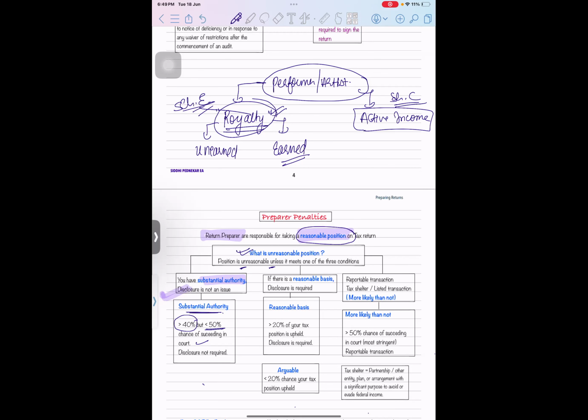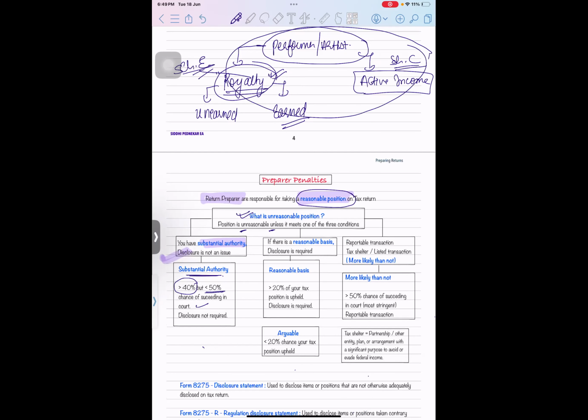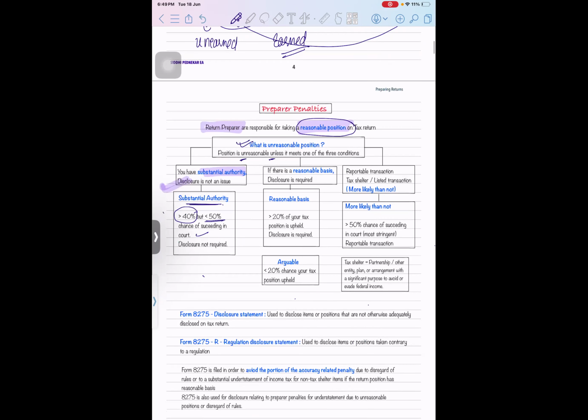If the probability that this case will be successful is more than 40%, up to 50%, less than 50 but more than 40, then given the chance of succeeding in court, disclosure is not required.